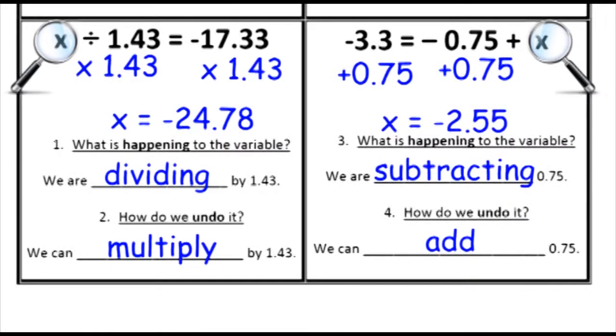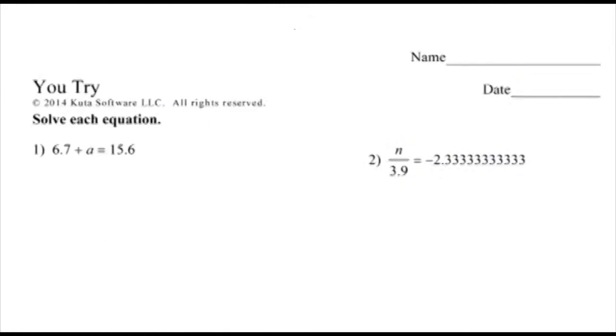If you wanted to go back and check any of these things, plug them back in. Negative 24.78 divided by 1.43 should give you negative 17.33. Negative 0.75 plus negative 2.55 gives you negative 3.3.